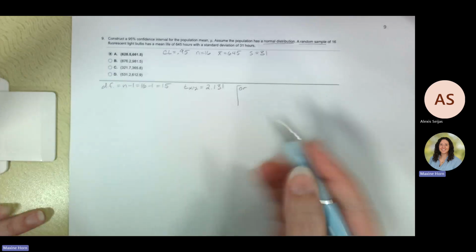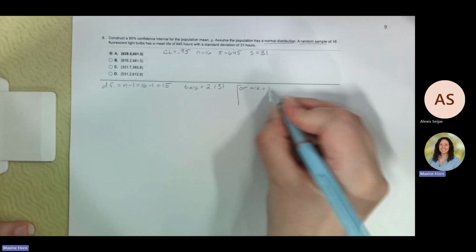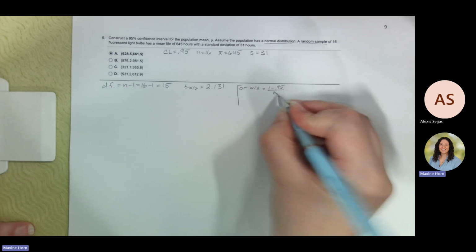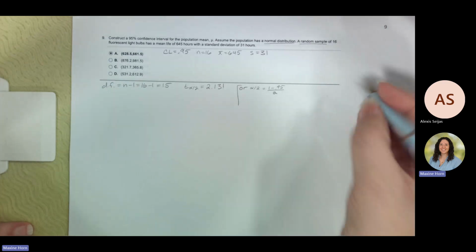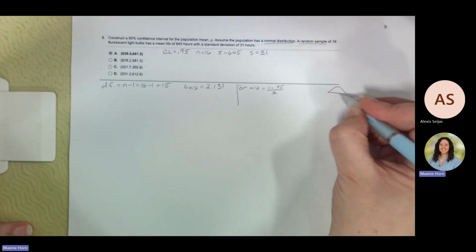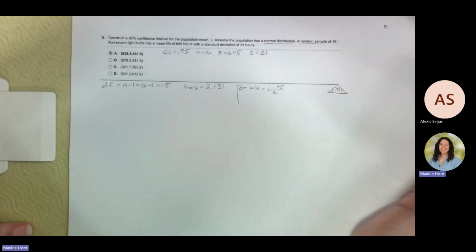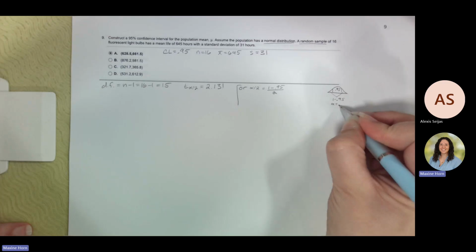So let's go ahead and find our alpha halves. Alpha halves is 1 minus my confidence level, divided by 2. Don't feel like you have to memorize this formula. Just think about visually what's happening. If I have 95% here, then both of these tails together are 1 minus 95%, or 5%.